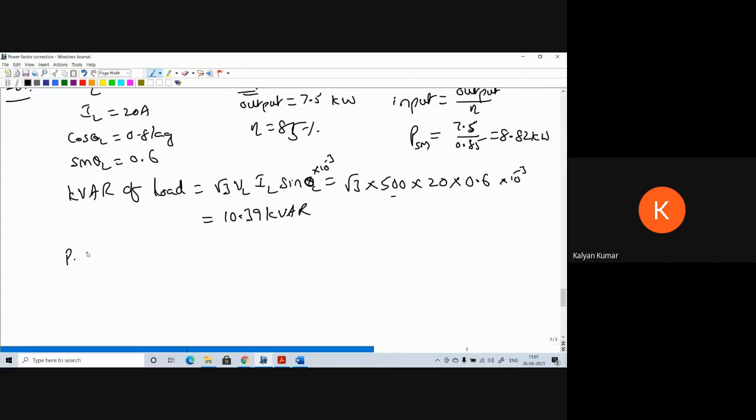Now the power factor should be improved to unity.